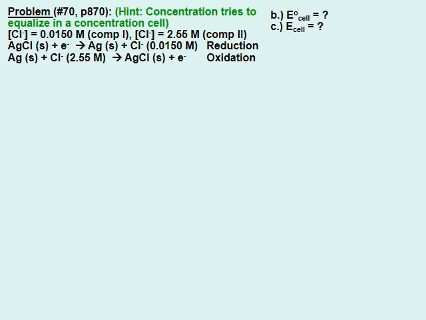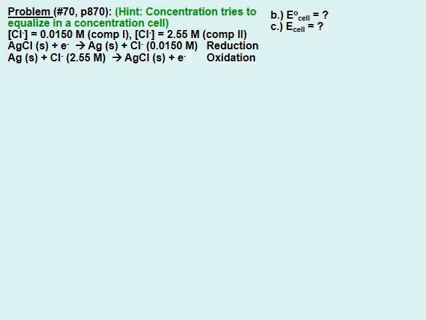For question 70b, we are supposed to calculate the standard cell voltage. Now, in a standard cell voltage, like for this reaction, each half reaction must have a Cl minus concentration of 1 molar, because by definition, that's standard state.